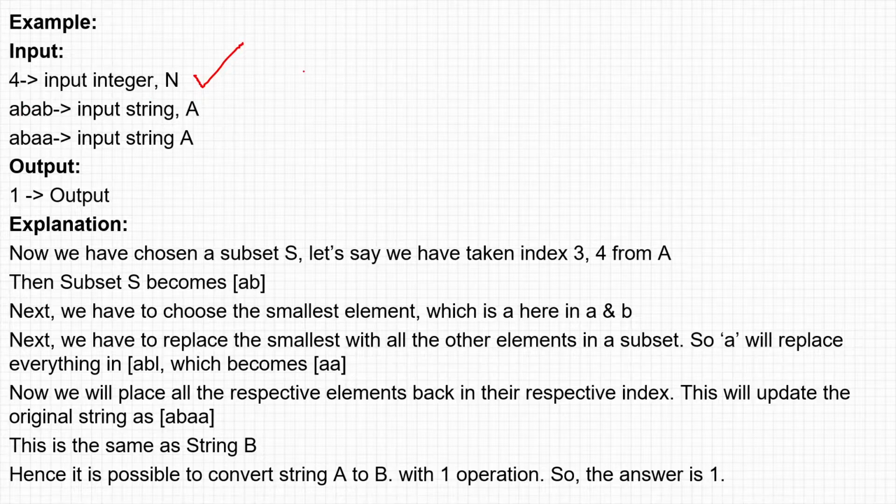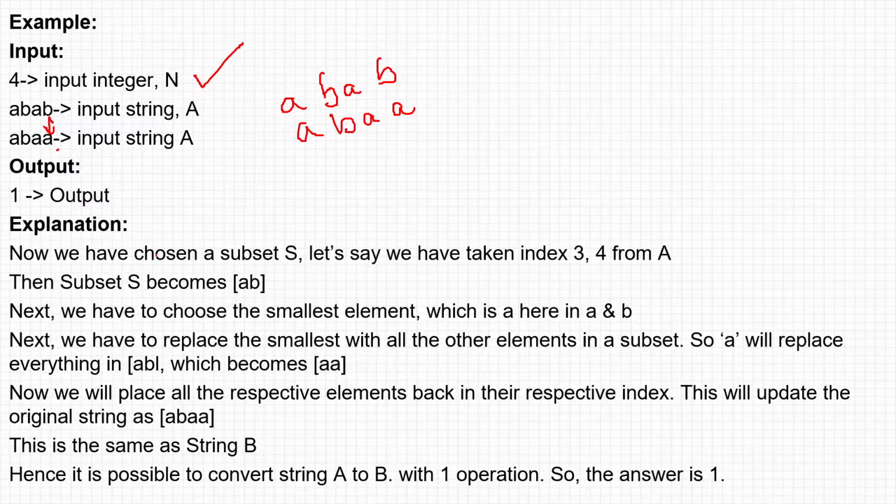The input string A is AB and AB. So AB, AA. If you can see, the difference is only in this. So converting A to B, because A is small, you will convert B to A.